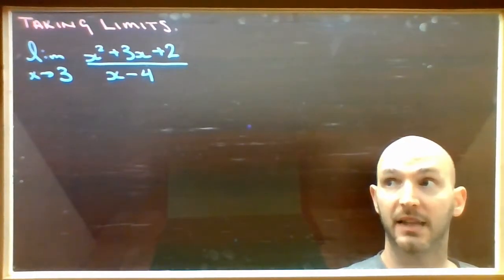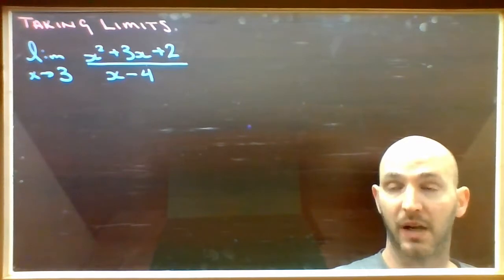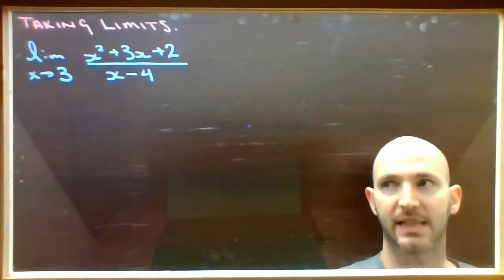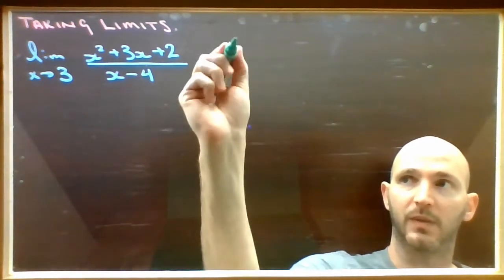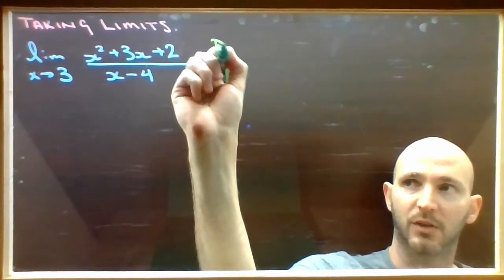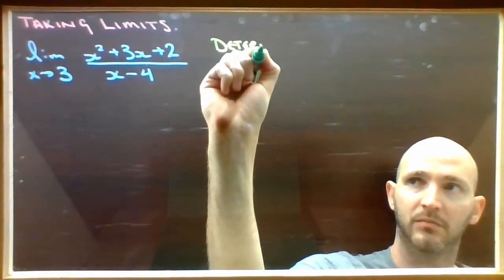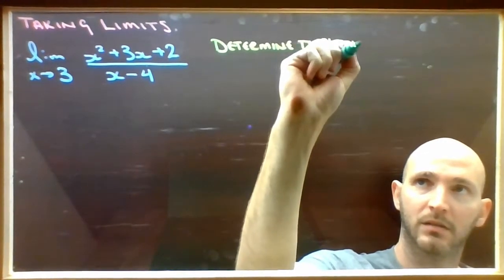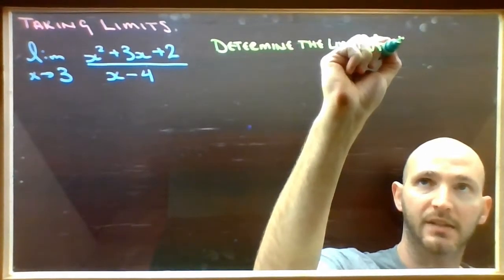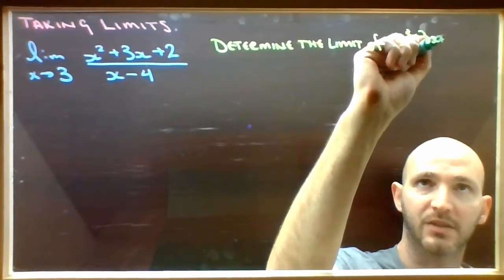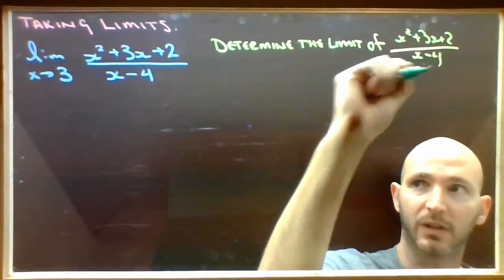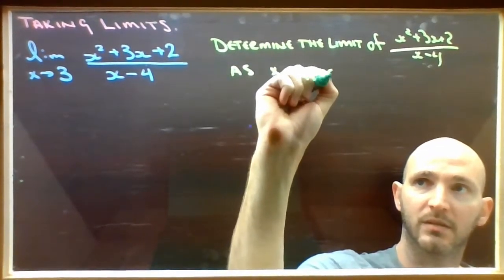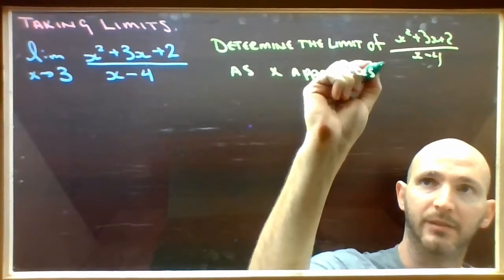So we have a slightly more complicated one here, but it is the same type of question. I see this limit here, and that's asking me to determine the limit of x squared plus 3x plus 2 divided by x minus 4 as x approaches 3.